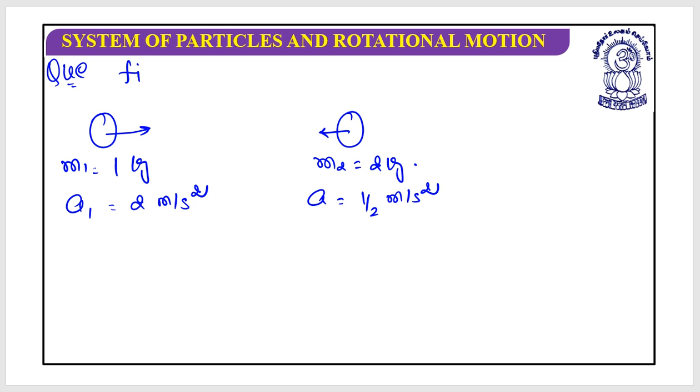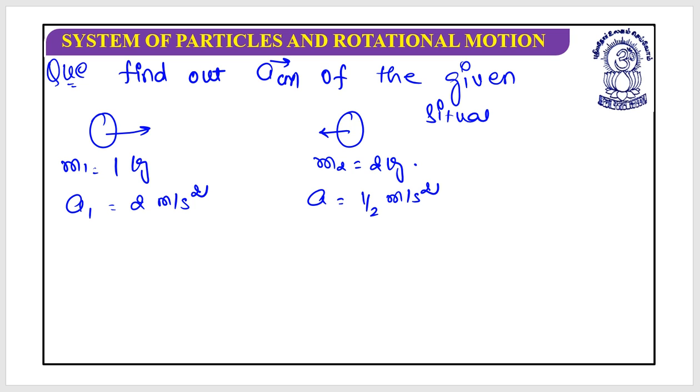The question says, find out ACM of the given situation. How will you do this? Will you add this or will you subtract this? That is the only question.